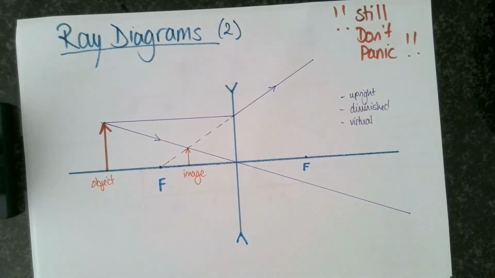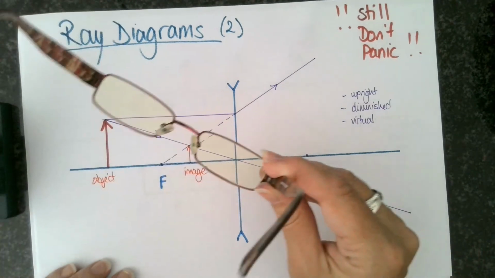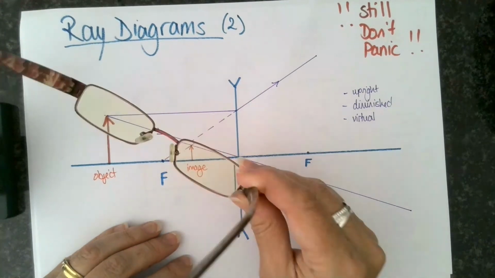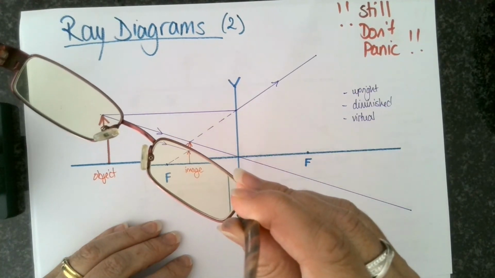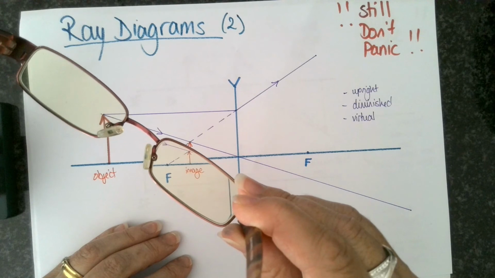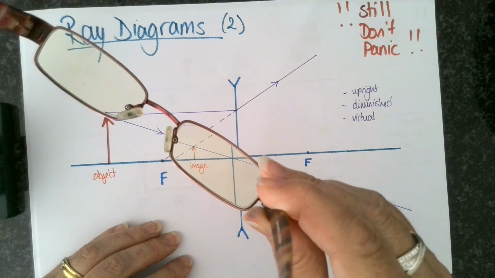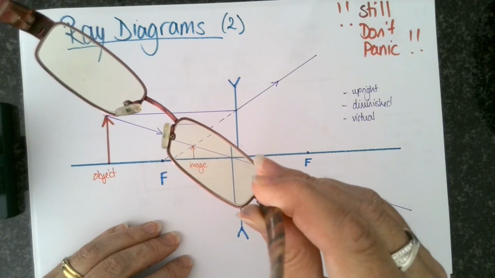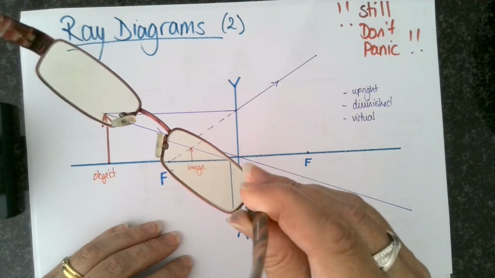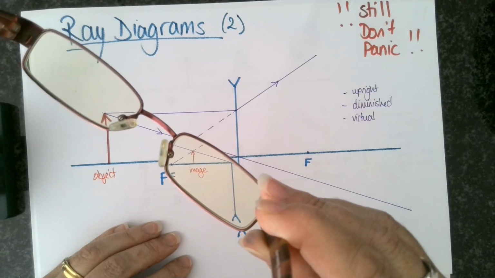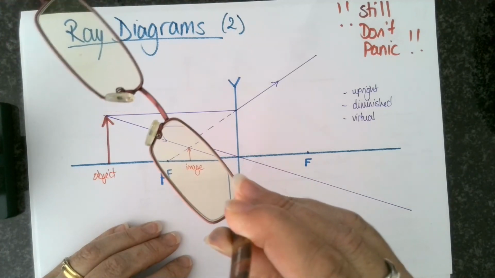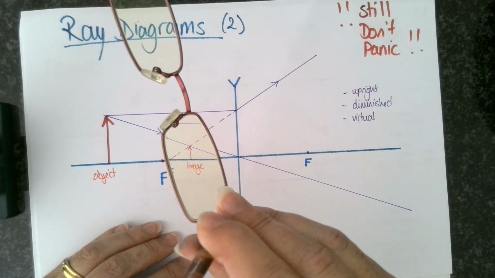And I've got a little example of this. I'm hoping this is going to work. Okay. So if I move, these are my old glasses. You can see that the size of the image has been made smaller by my glasses. They're diverging lenses, and it's not real. It's not a real image. You're seeing through the lens.